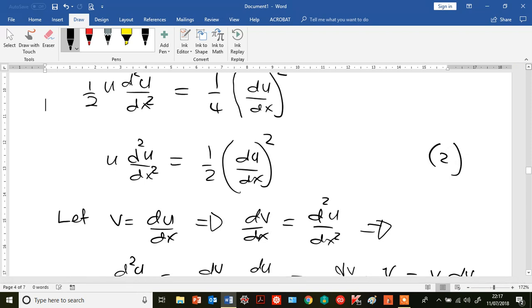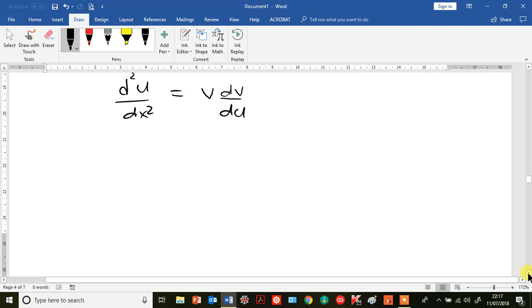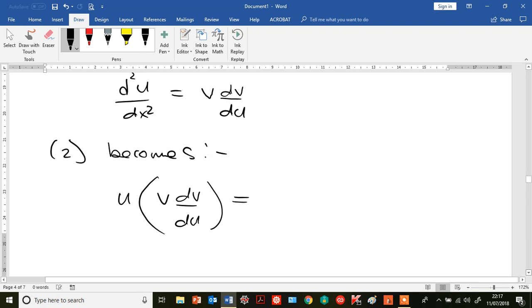Equation 2 now becomes, if we substitute those in, u times v dv by du, because remember, that is equal to the second derivative of u with respect to x, and this is equal to a half v squared.